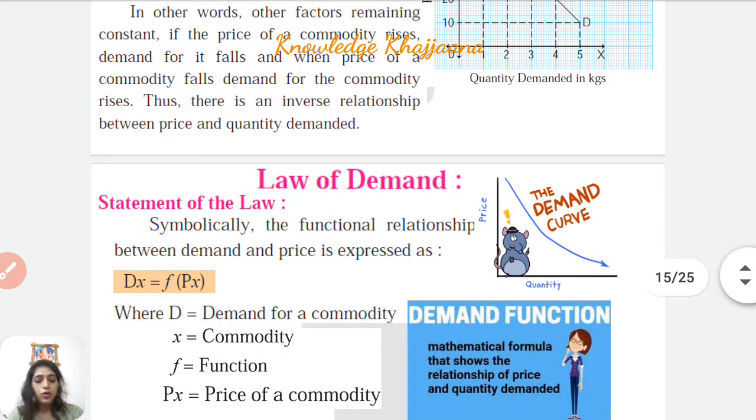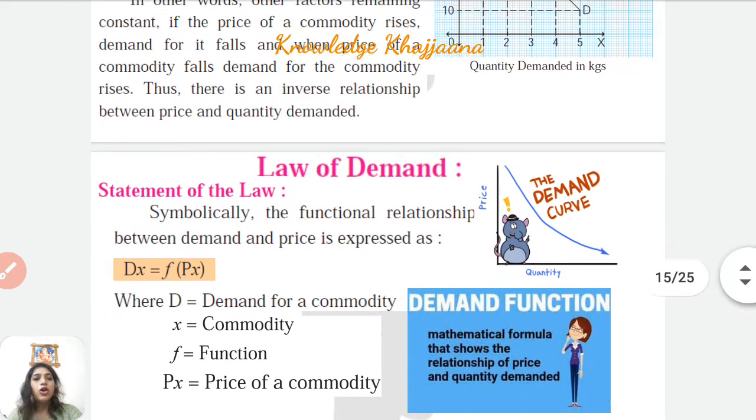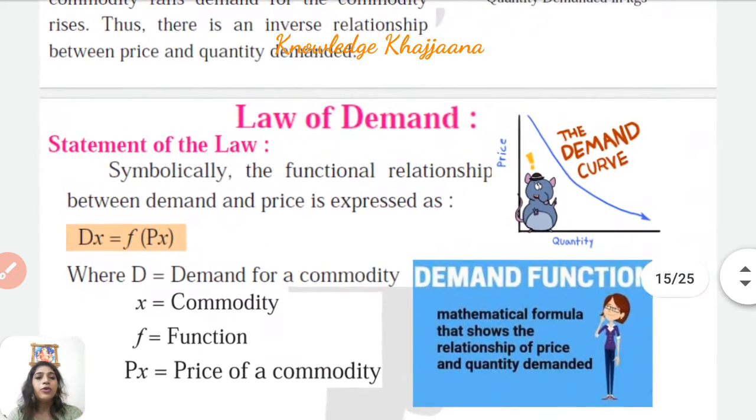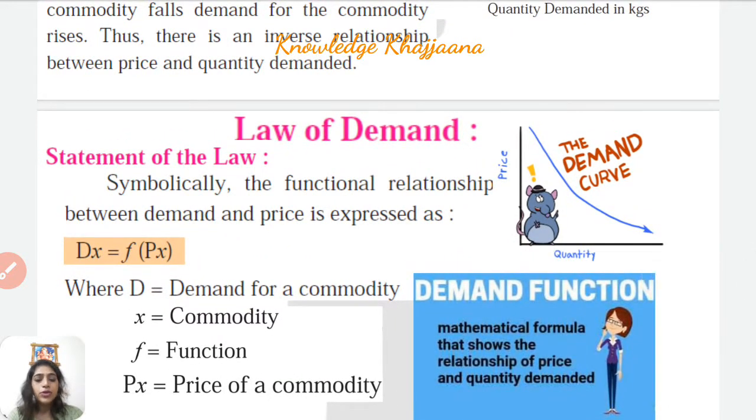Now see what it states. The law of demand, you have to prove it. What is the statement of the law? Symbolically, the functional relationship between demand and price is expressed as follows. What is meant by functional relationship?